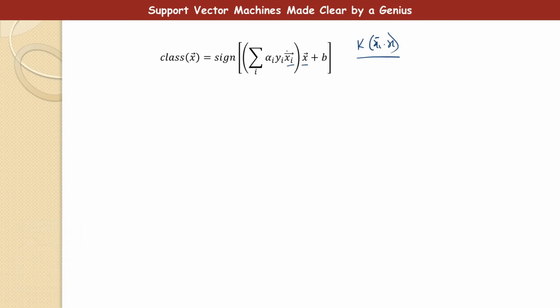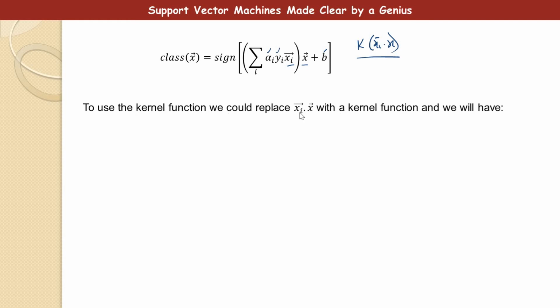If we apply a kernel function, we are going to apply it to these two, x_i and x. The reason is that this is constant, it doesn't change, but these will change depending on the particular data, the particular vector. So you replace this with a kernel function and you have something like this.